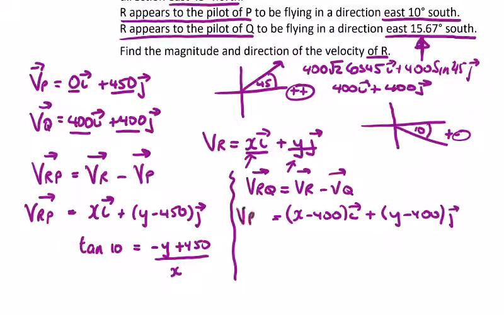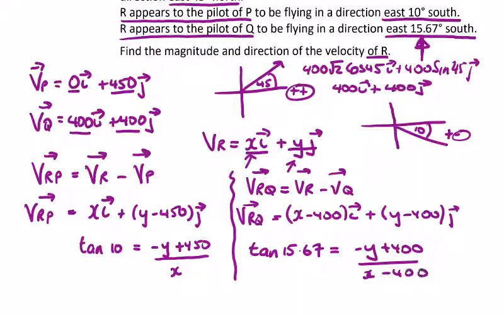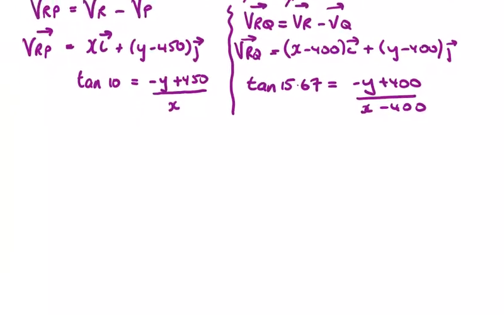This is the velocity of R relative to Q. So this is again in a positive, negative direction, so we can say the tan of the angle 15.67 is going to be equal to minus y plus 400 over x minus 400. So we have two equations in x and y.